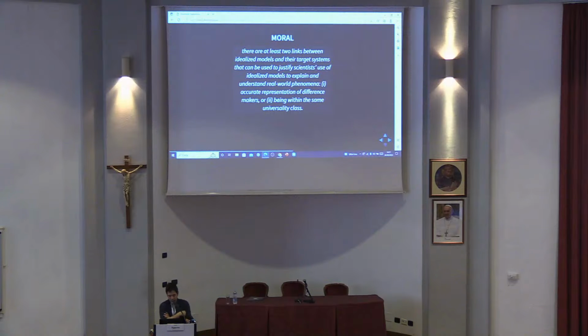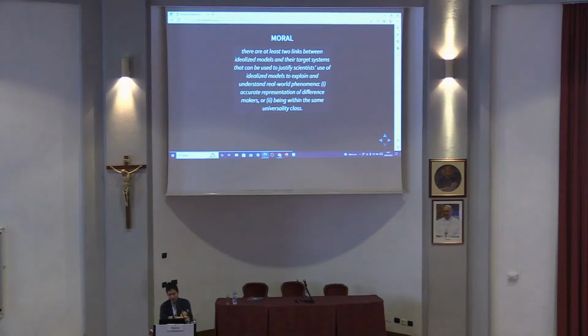I essentially agree with Batterman and Rice's way of picking out the structure of those sorts of explanations. But where I disagree, or where we disagree, is with respect to the moral that they draw from examples of this kind.